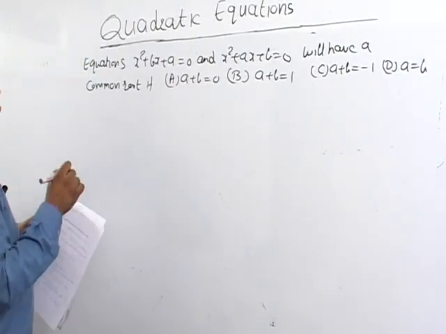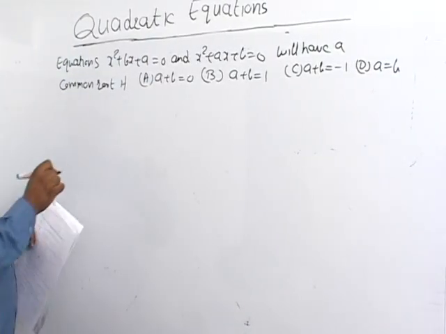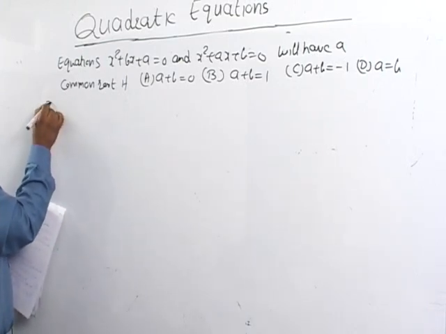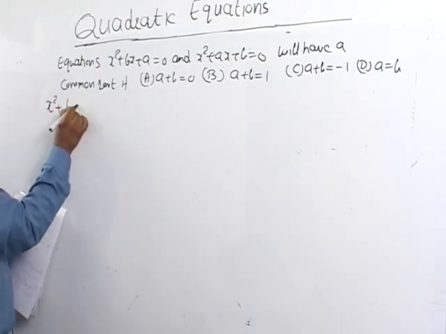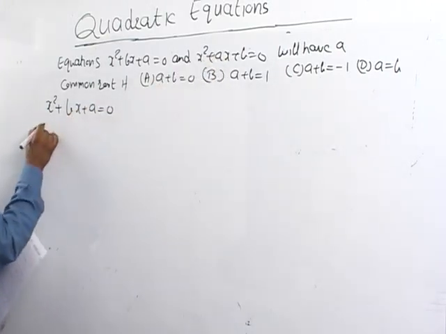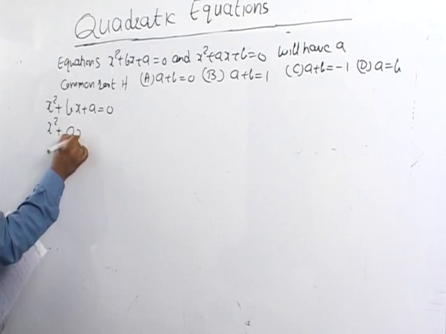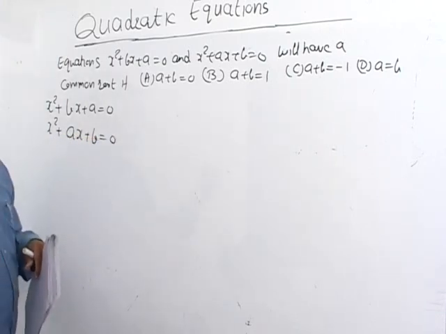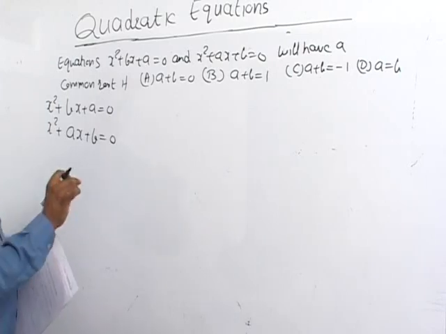See, equations will have a common root, which means how we'll start it, same way, we write down one equation x square plus bx plus a is equal to 0, we write down another equation x square plus ax plus b is equal to 0. We apply the same condition for common root.